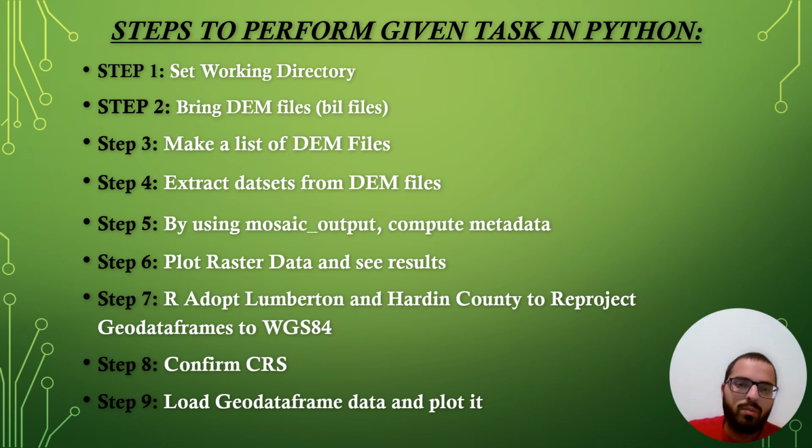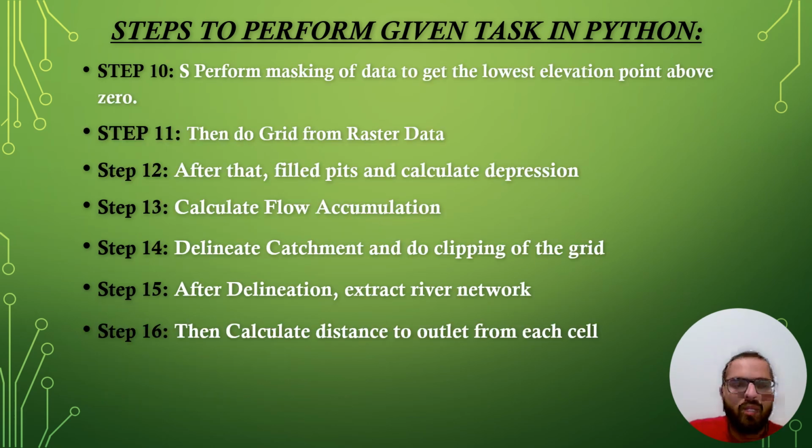Then I made the mosaic output and computed metadata. The mosaic output file is also too heavy, so I couldn't upload it. Then I plotted the raster data. Then I adopted the Lumberton and Hardin County boundaries, reprojected the GeoDataFrames to WGS84, and confirmed the coordinate reference system. Then I loaded the GeoDataFrame data and plotted it. Then I performed masking of the data.